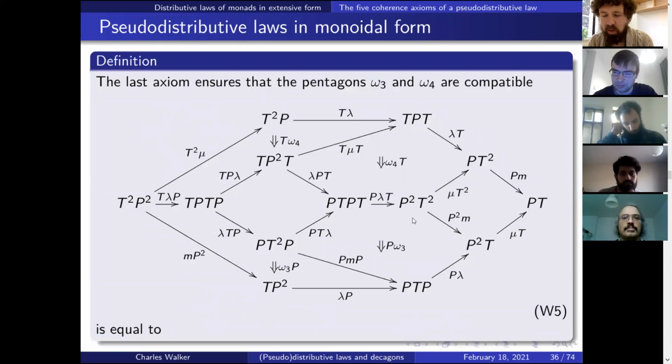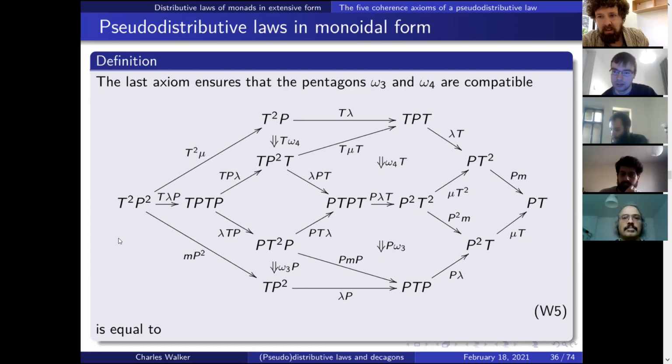I'm curious what the general advantage of working with this approach is, or what you think of it. That's an extremely vague question: what's the advantage of this sort of approach compared to the classical one? Right. The point is that you're reducing the amount of data needed to define a pseudo-distributive law, because you have 3 modifications, not 4, and then the coherence conditions collapse because of that.